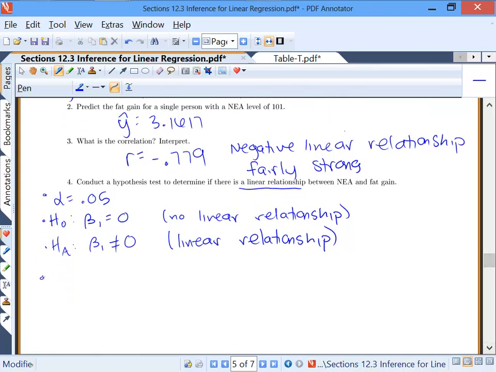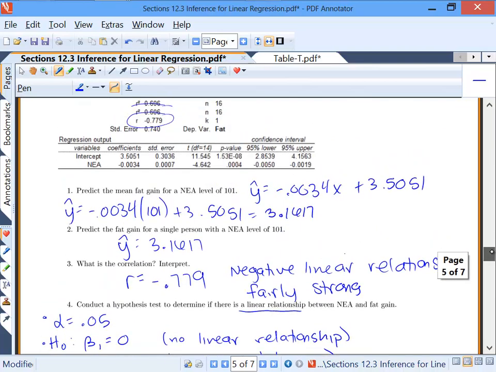So we have our alpha, we have our hypotheses, we're going to skip assumptions for this class, for this test. So we can go on to our test statistic. So t equals the estimate for our slope over the standard error for our estimate. So come back up to look at your output.